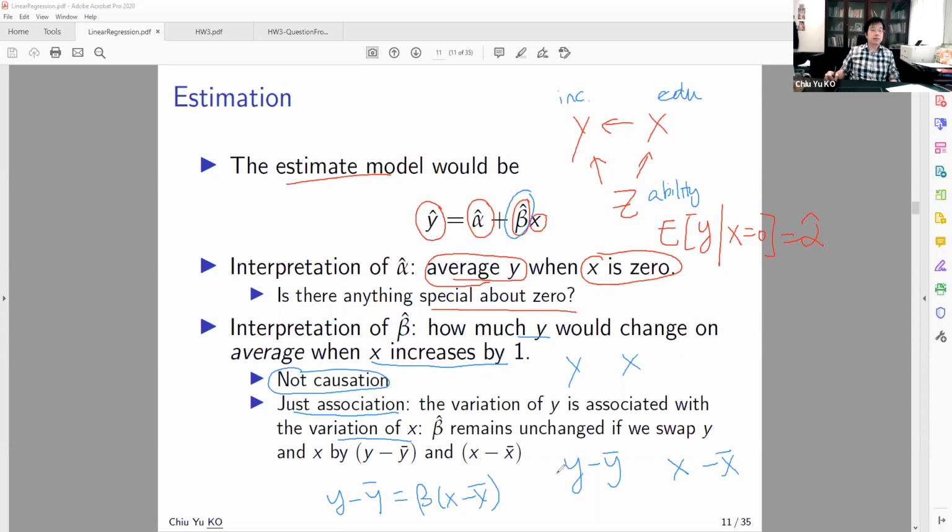That means it is how far it is from the mean: the deviation from the mean for X explains the deviation from the mean for Y. So it's the variation of Y explaining the associated variance of X. That's what it means.